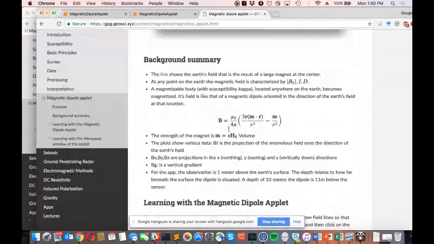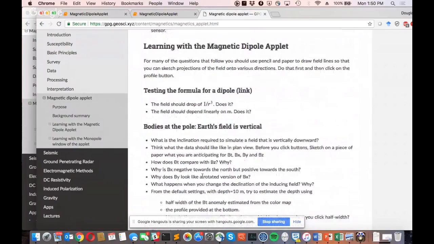Then below that, we've got a little bit of a summary, and this is what you're going to see for each app, giving you the highlights. And then there's a section called learning with the app. We spent a fair bit of time thinking about what kind of questions we can ask you to get you engaged with this, because I think this might actually be one of the best ways of learning.